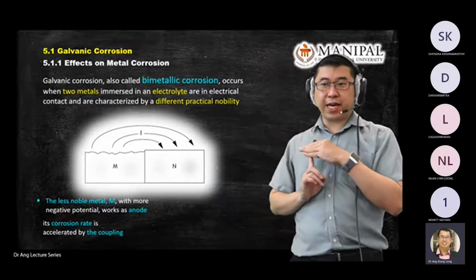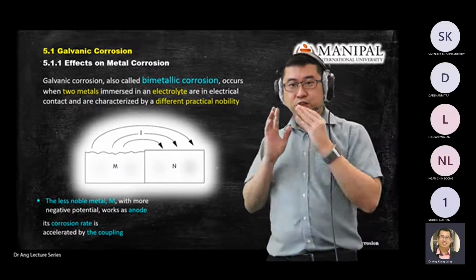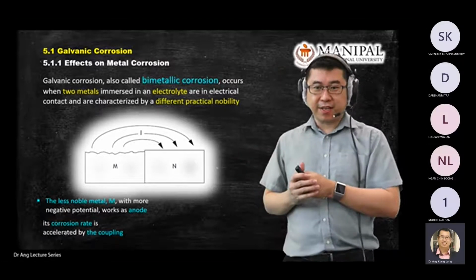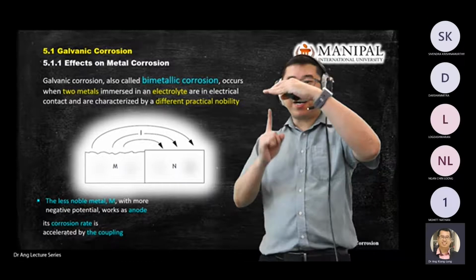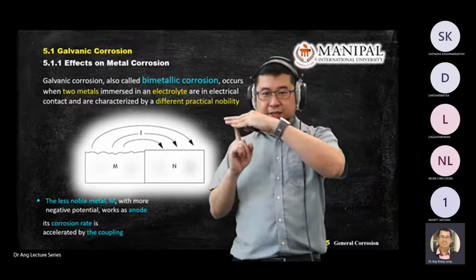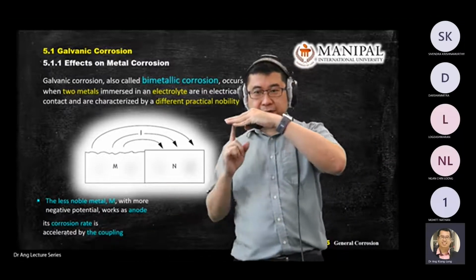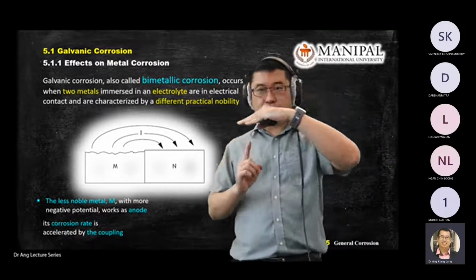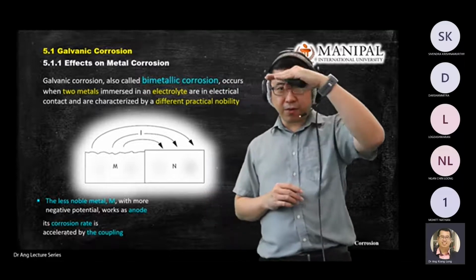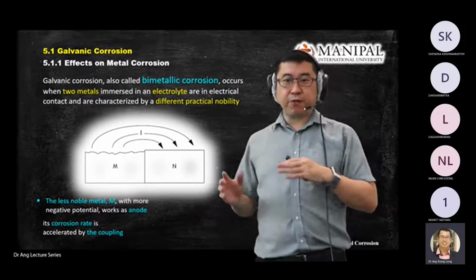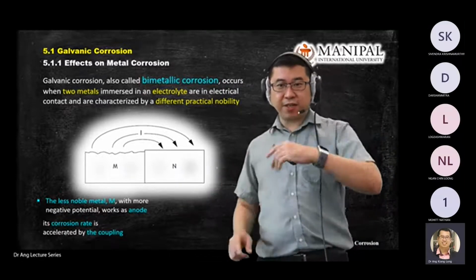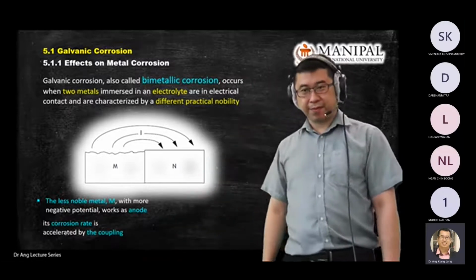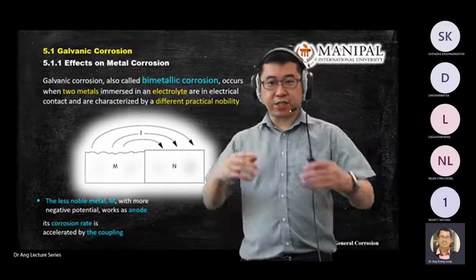Electrons use the shortest distance to reach their destination, that is the characteristic of electrons. So if you have a highway, a connector, or we call it a coupling or bridge, the electrons will use the highway to reach the higher nobility. If you build a highway for the electrons, the corrosion rate will increase, as the exchange of electrons increases.